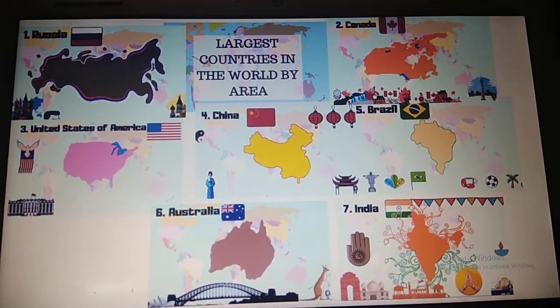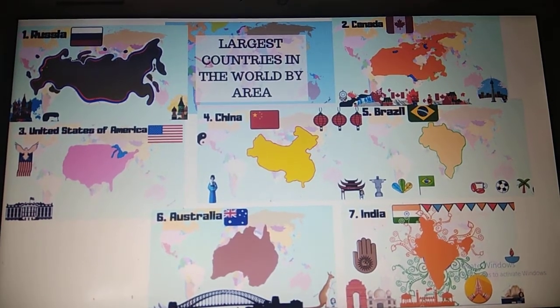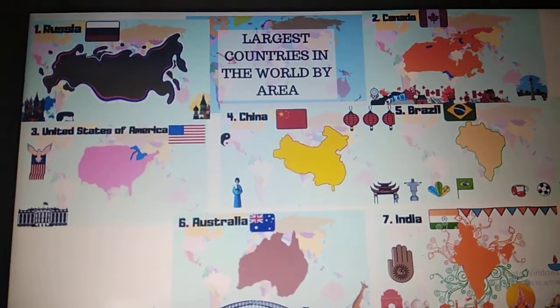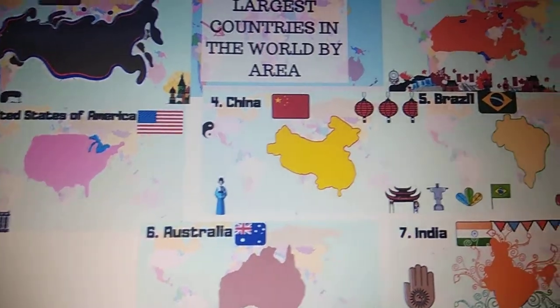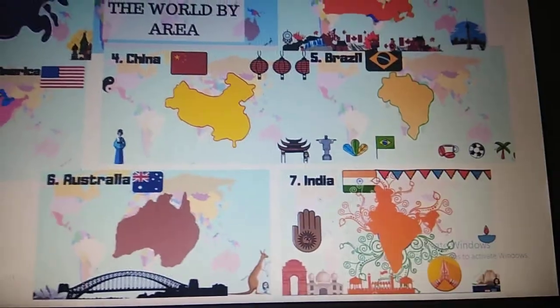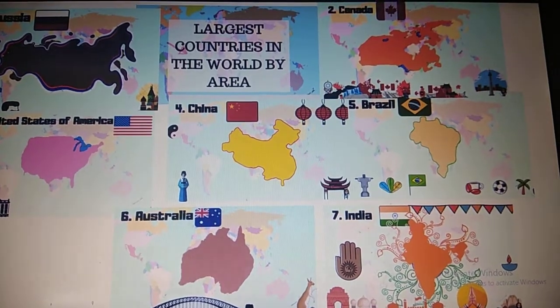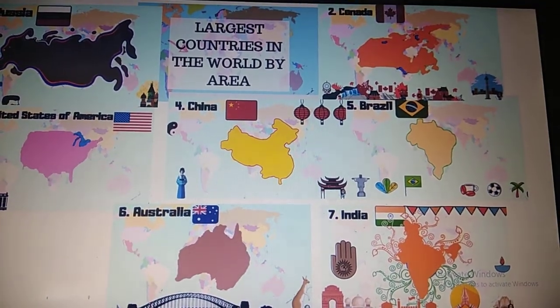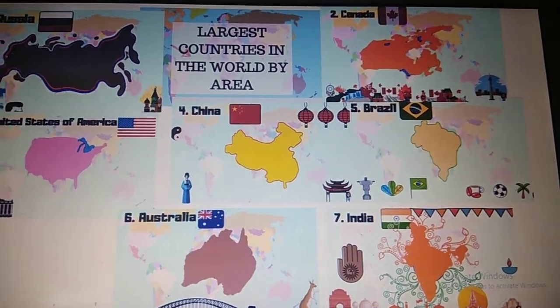You must remember all the ones which are bigger than us: first Russia, second Canada, third USA, fourth China, fifth Brazil, sixth Australia, and then seventh. So we are ranking 7th largest country in the world in terms of land mass.